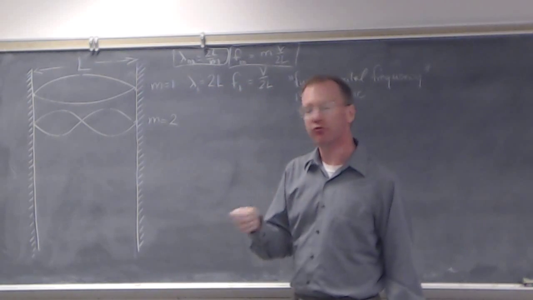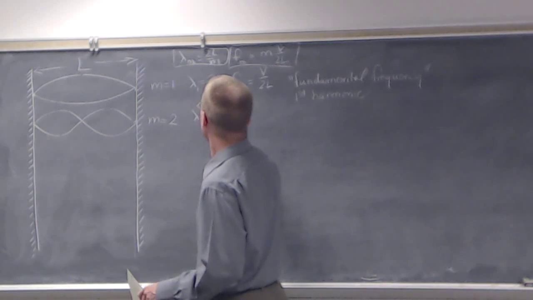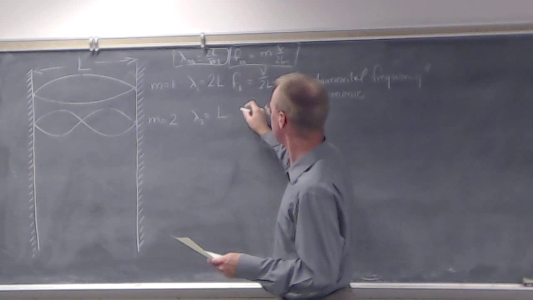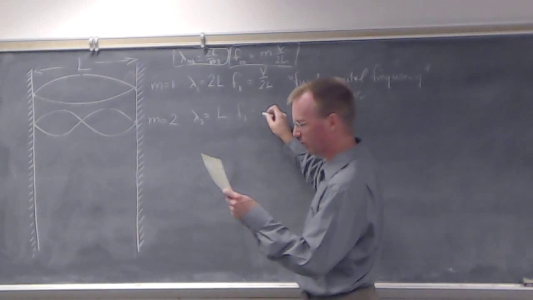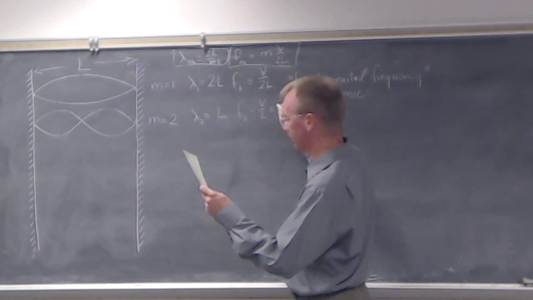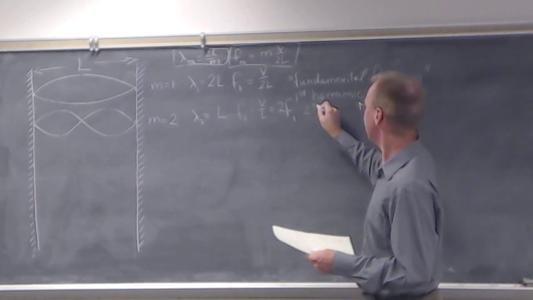The number of nodes is m plus 1. So lambda 2 equals 2L over 2, which is L. Frequency number 2 equals 2 times that, so it's V over L, or simply 2 times F1, and it's the second harmonic.